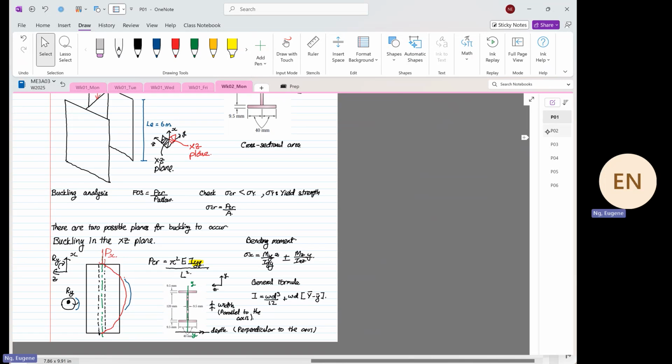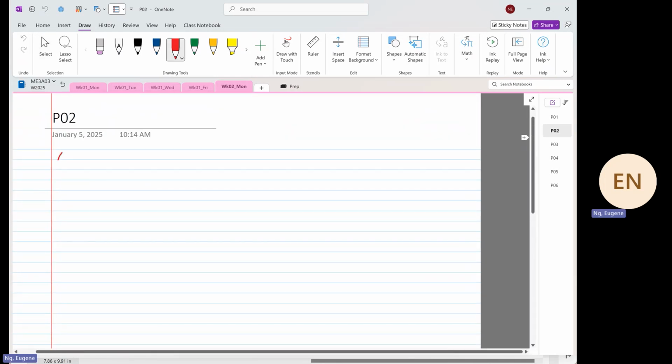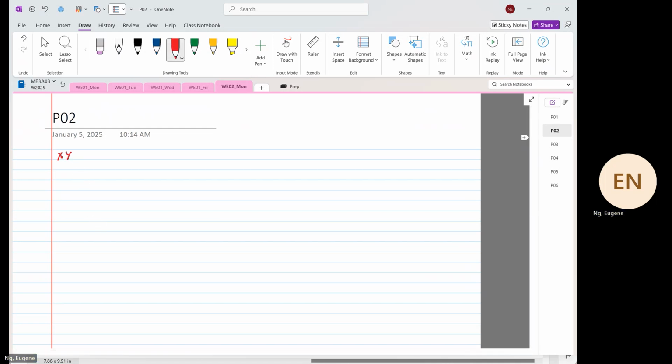Okay, so from here, the next thing we're going to do now is draw the XY plane. In this case, this will be our Y, this will be our X, and then using the right-hand rule, this is rotation in our Z. Okay.